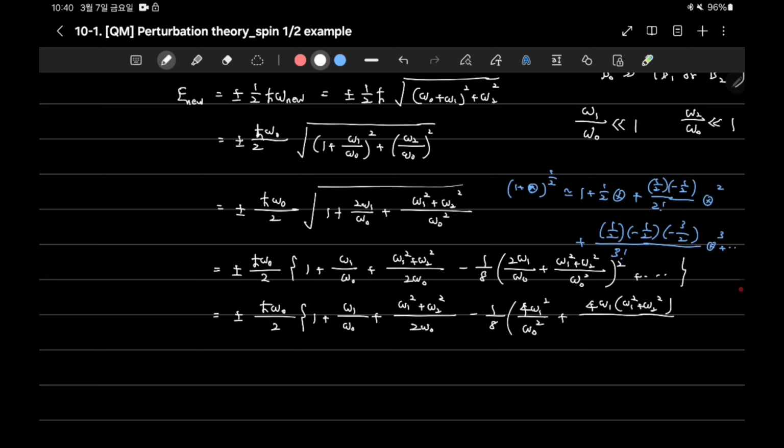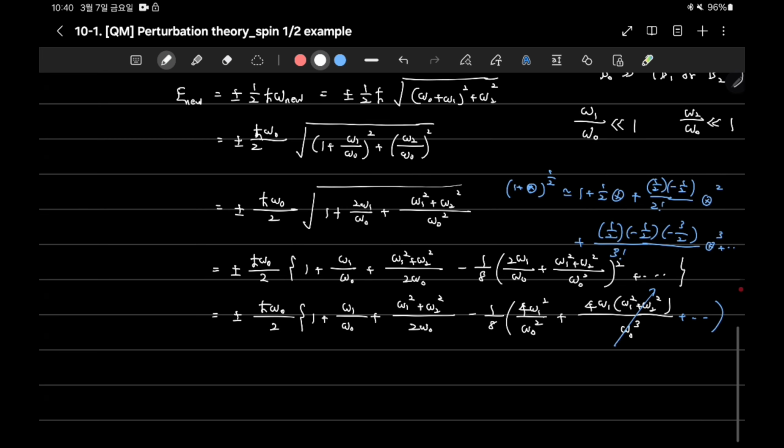It is the product between this and this, and this squared term is also very small, so we can ignore these terms. And the higher terms, blah blah blah, we can ignore. So let's only consider up to the quadratic term.